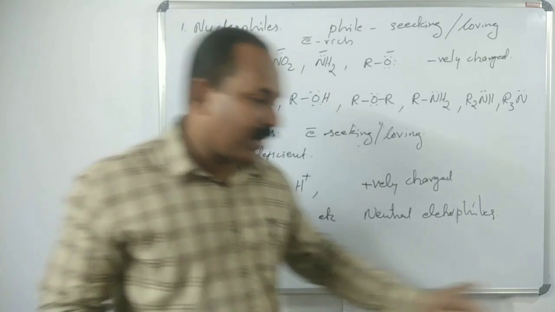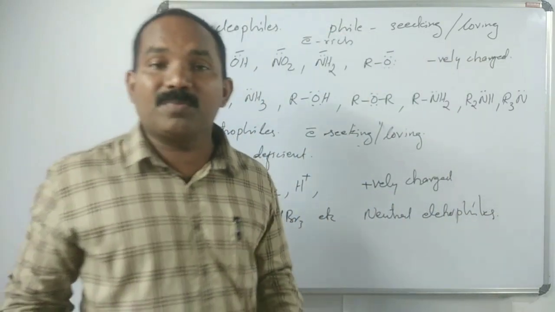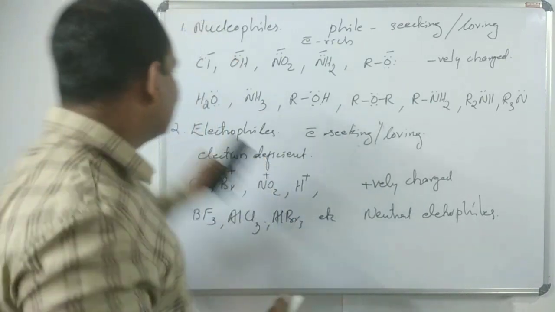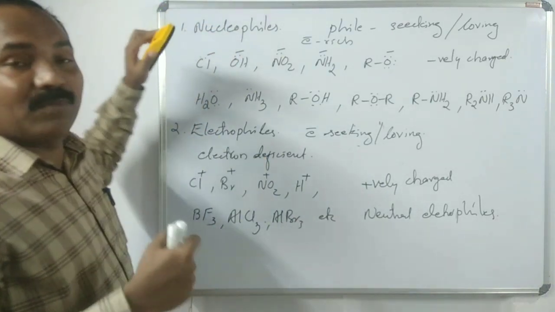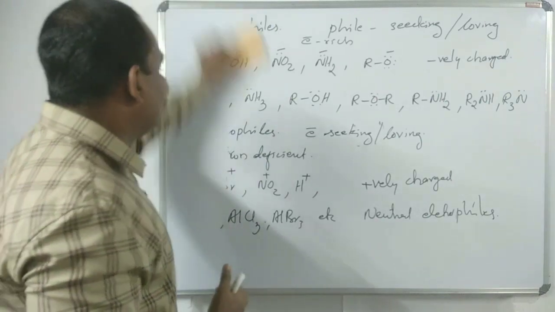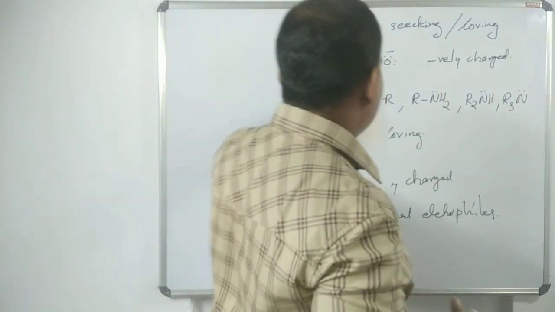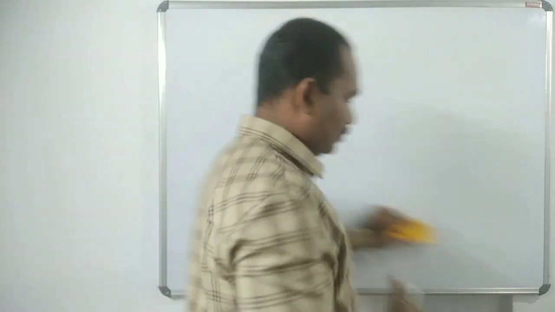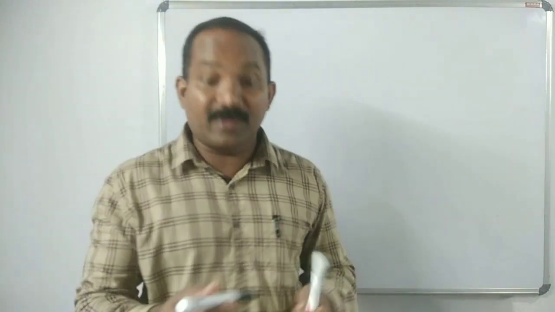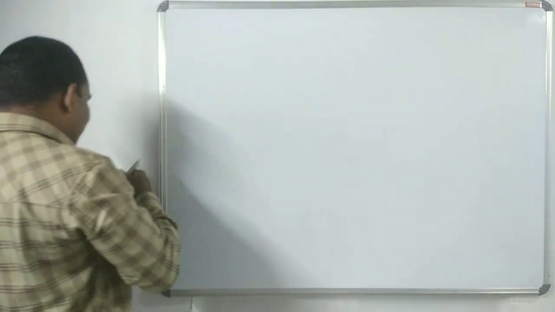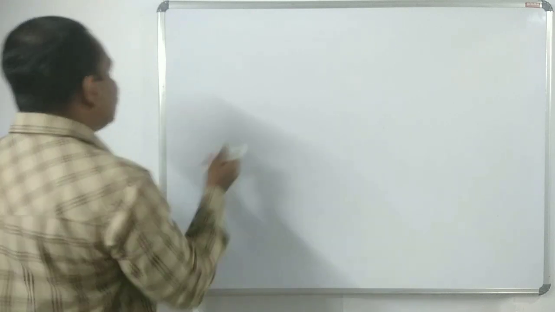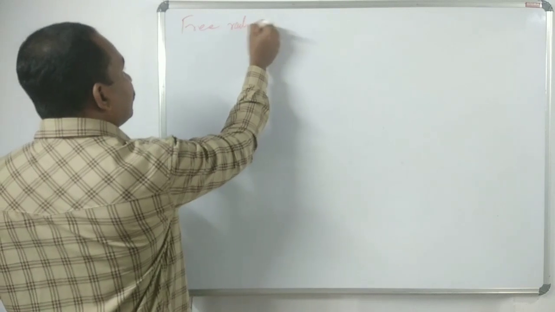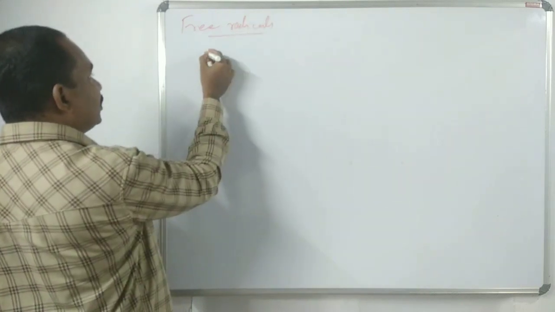Free radicals are formed by homolytic fission of some bonds. So you take more examples. This is about nucleophiles and electrophiles. Next is free radicals. Free radicals are formed by homolytic fission.